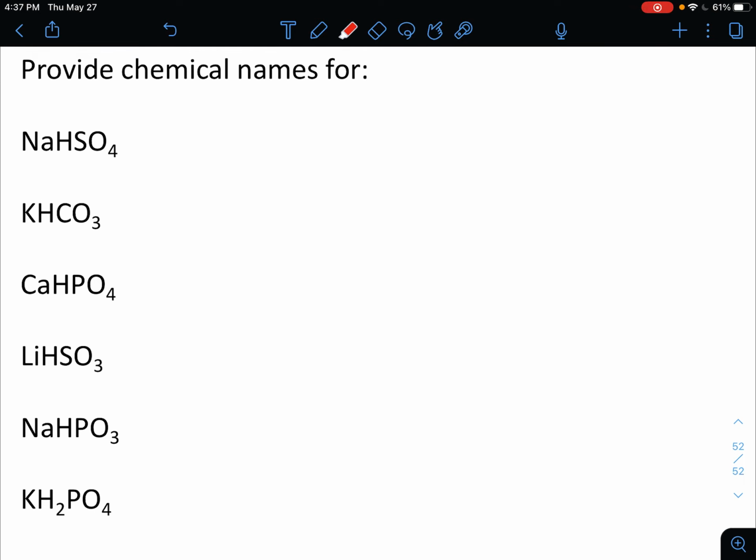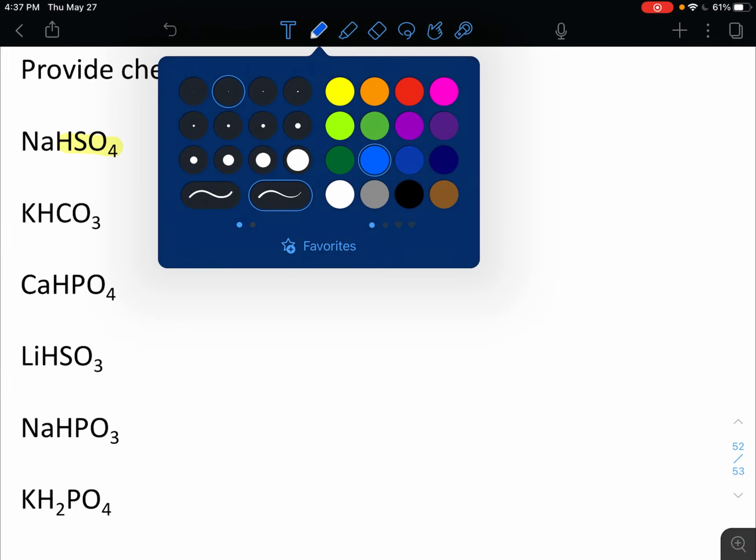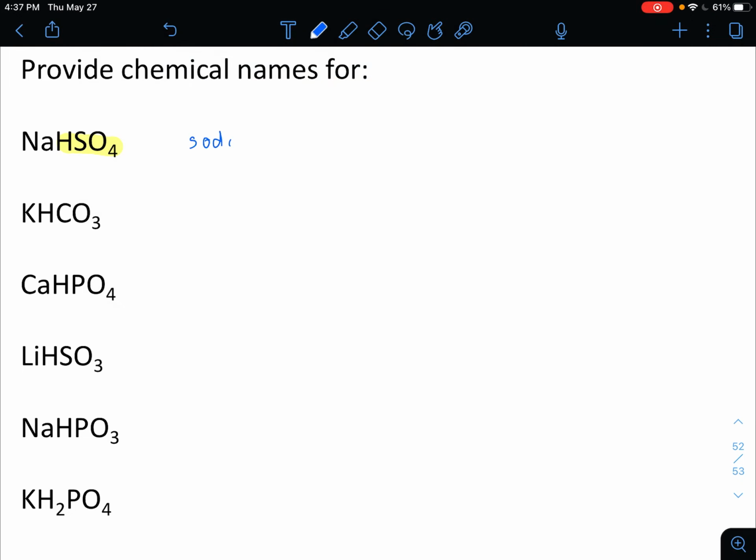Okay, so with these ones, just want to identify our polyatomic ions. So HSO4, that's hydrogen sulfate. So this will be sodium, it's three words actually, right? Sodium hydrogen sulfate.